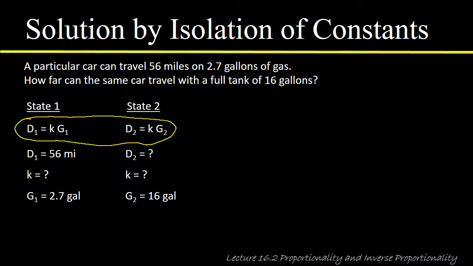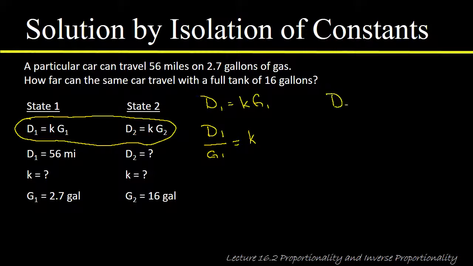So for example, for state 1, we've got D1 equals K times G1. We want to put the constant on the right, and get all the variables on the left. We can do that by dividing both sides by G1. And if we do that, we get D1 over G1 equals K. We'll do the same thing for state 2.